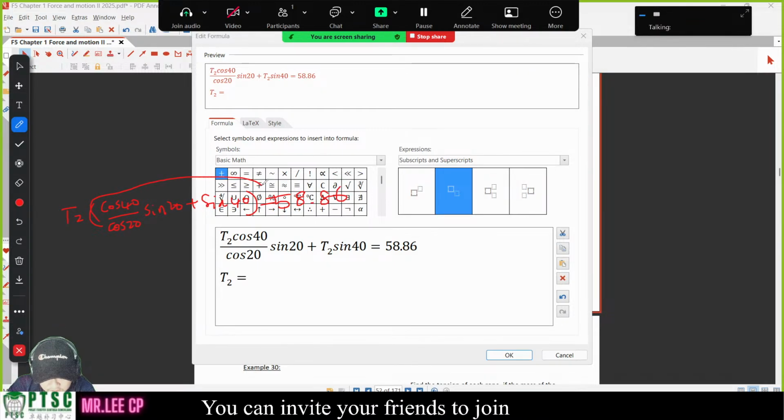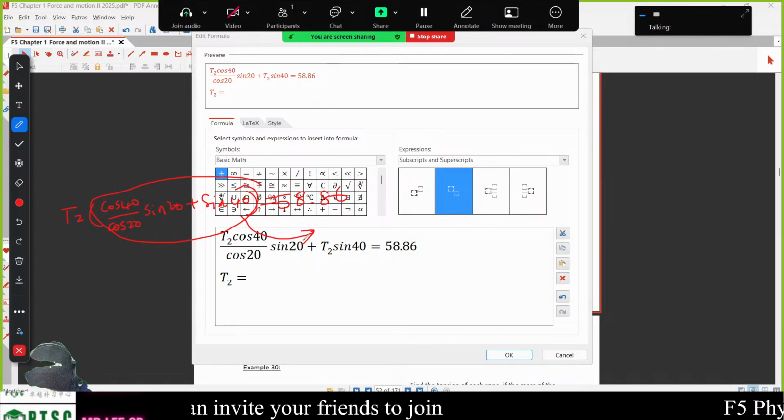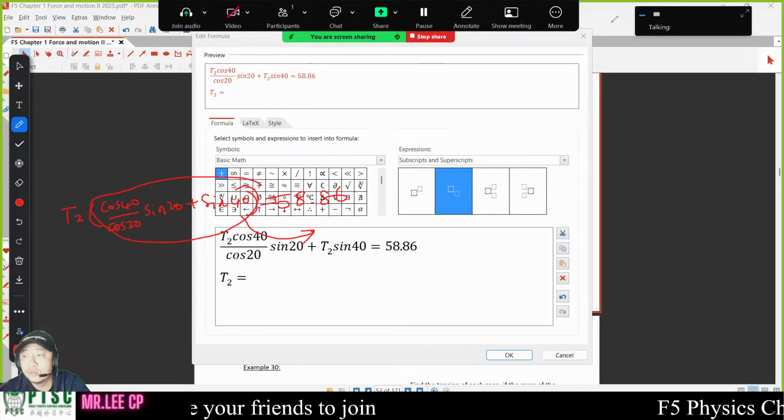So this whole thing, when I press into the calculator already, then I divide down, it will get my T2, right? So I'm going to press in the calculator.